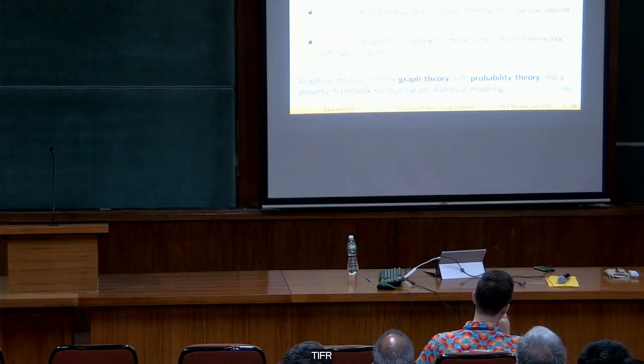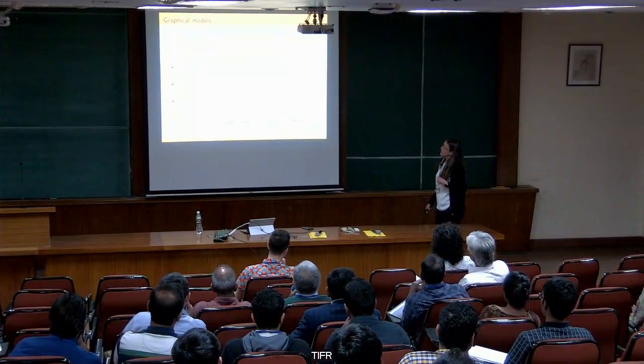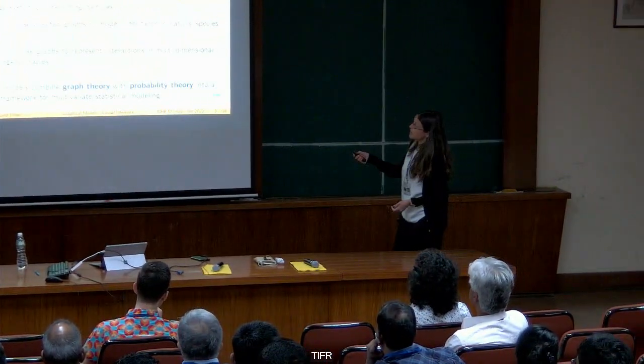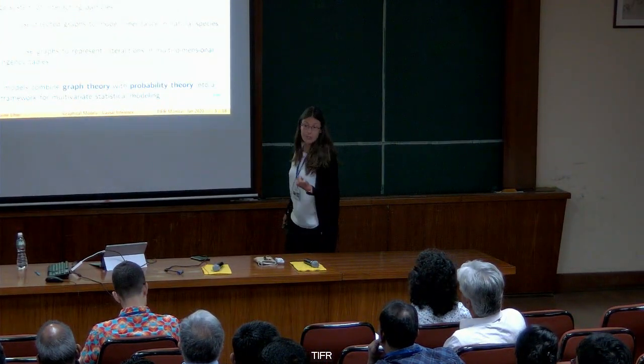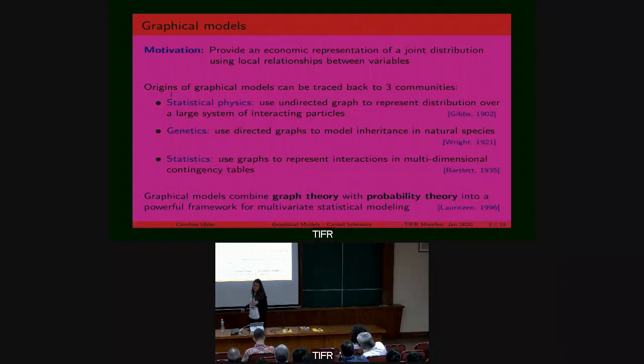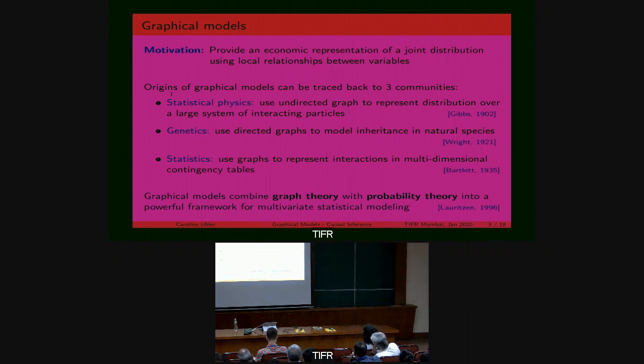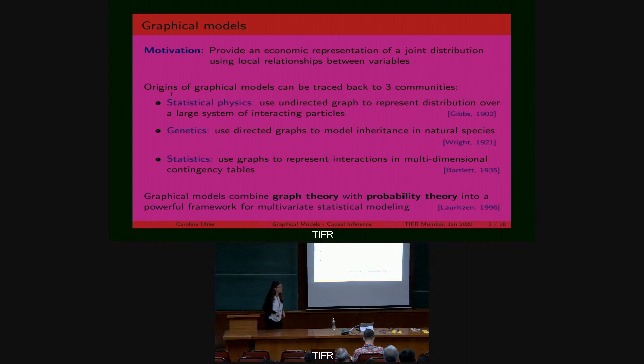Okay. So just a bit of history about graphical models. What is the motivation for actually using these graphs to represent joint distributions? Well, it's really to not have to look at all possible joint distributions if you have, say, 10,000 variables, but to only look at simpler distributions where you can write it in an economic way to get interpretability, first of all, but also often these graphical model structures, at least when they are sparse or don't have high degrees, allow you to do pretty efficient inference, or we'll talk about how efficient these kinds of things are.